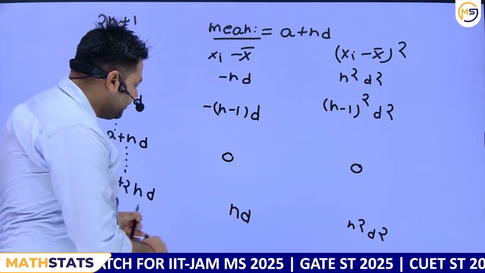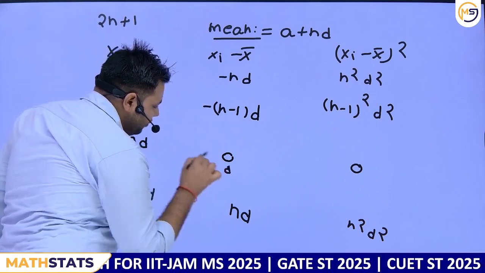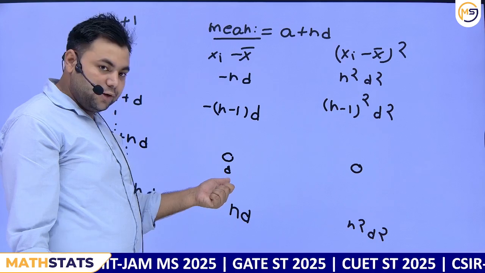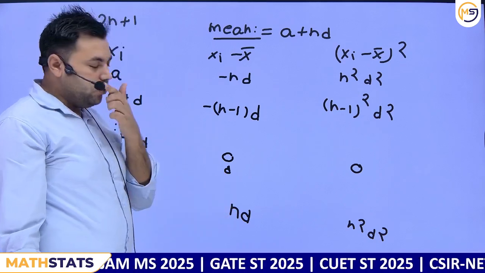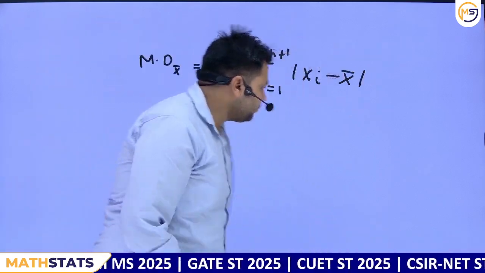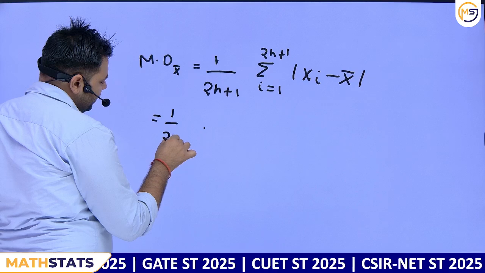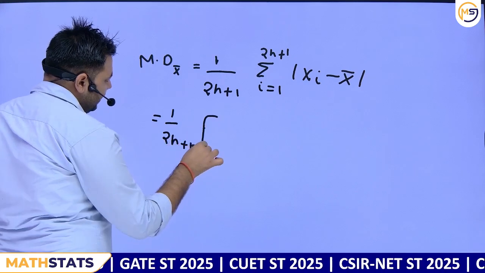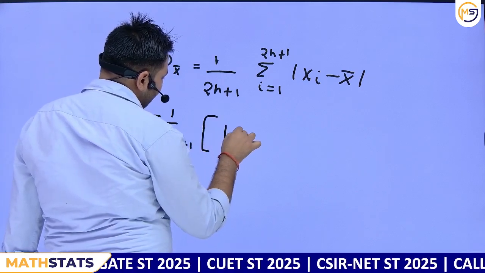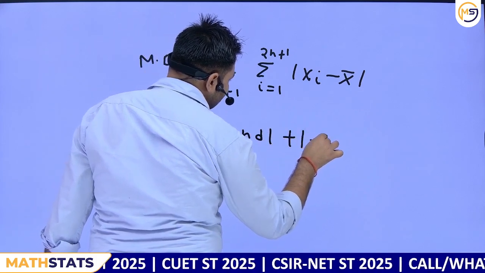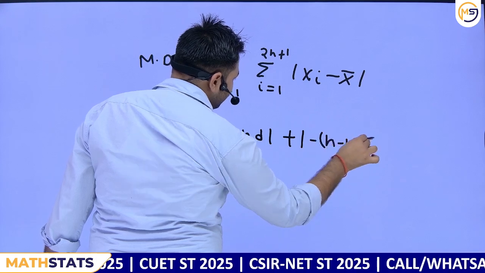Here you will get d, and here you will get 2d, and similarly up to nd. So this is equal to 1 upon 2n+1. Your first value is mod of minus nd. Second value is mod of minus n-1 into d.